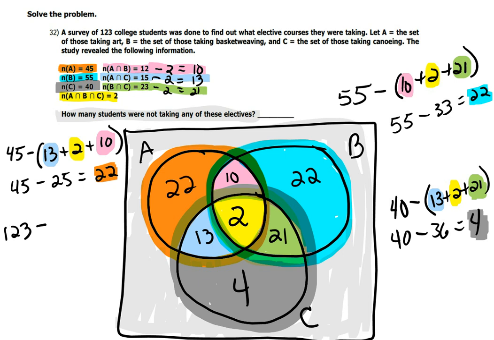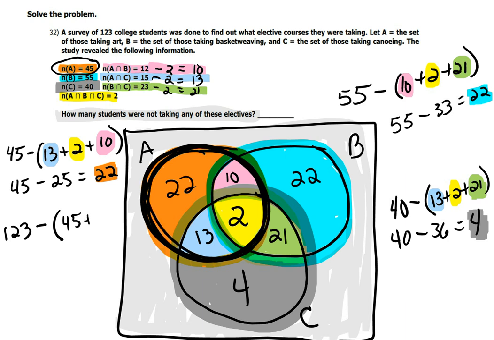So if I take my 123 and subtract, I'm not going to write all these numbers. Circle A had a total of 45, so I'll just say that these 4 numbers here add up to 45.